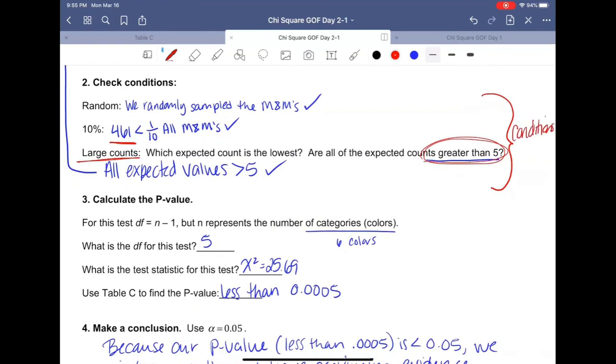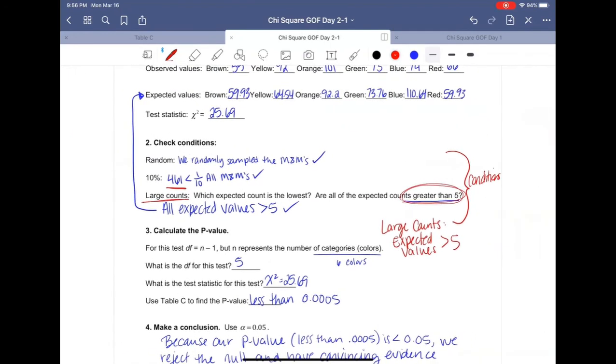So we've got random, 10%, but then also large counts, which I want to note here again. Large counts is when all expected values are greater than 5. Okay. Now what's important here is that you have to actually list out those expected values, or at least list what the lowest expected value is.